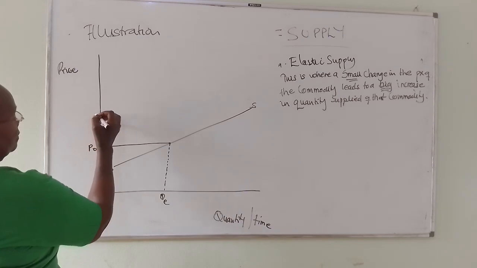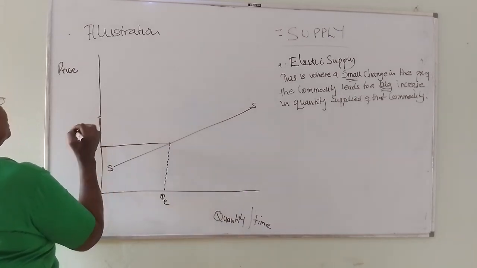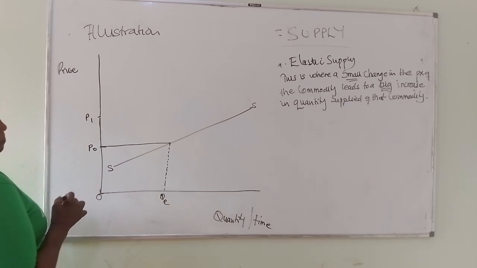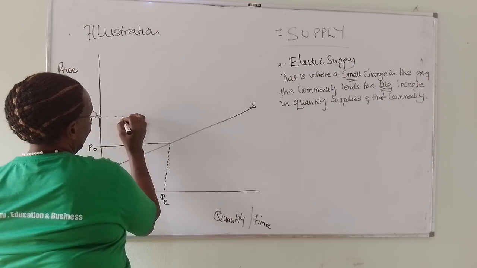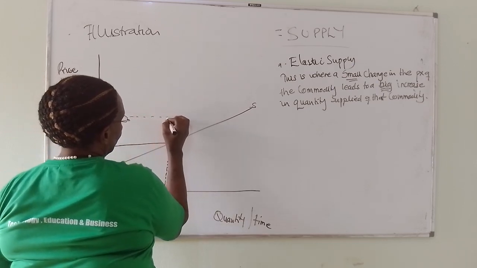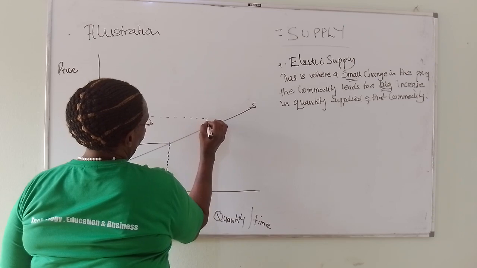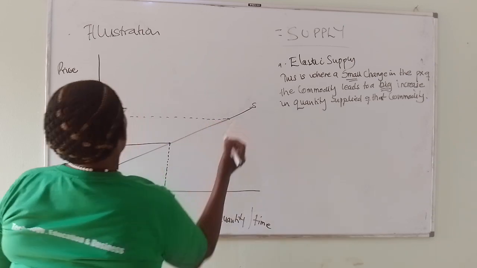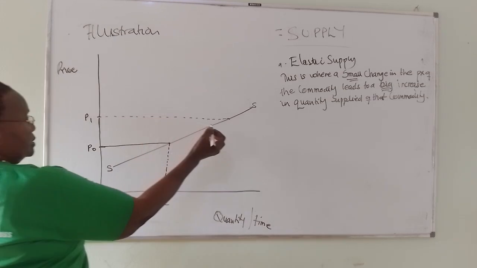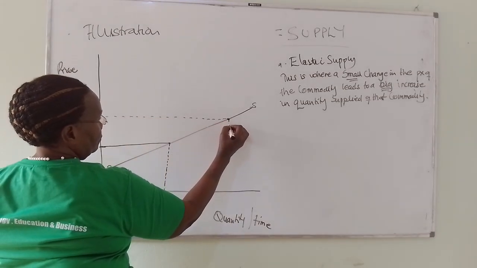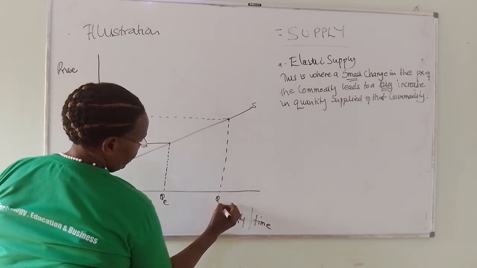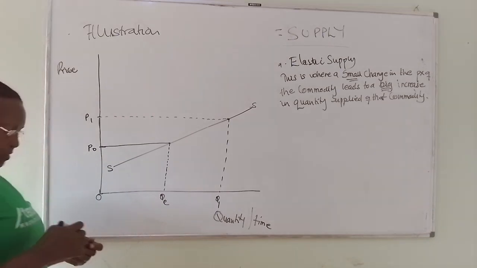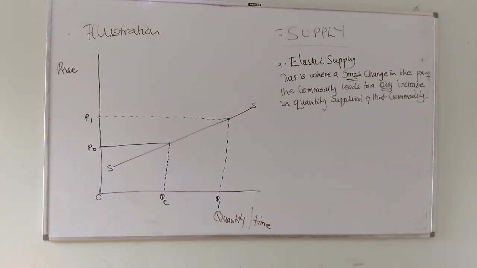Then you increase the price of this same commodity to a higher level. Now it goes to P1. Then you want to see the proportionate increase in the quantity supplied as a result of the increase in the price. This is where the price line touches our supply curve, and we are able to read off the quantity supplied from the x-axis, which is Q1. So at price P1, a bigger quantity is being supplied, obeying the law of supply.